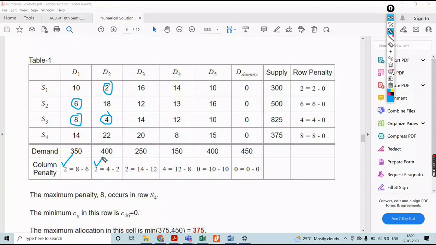Next, 14 minus 12 is 2. Next, 12 minus 8 is 4. Next, 10 minus 10 is 0. 0 minus 0 is 0.